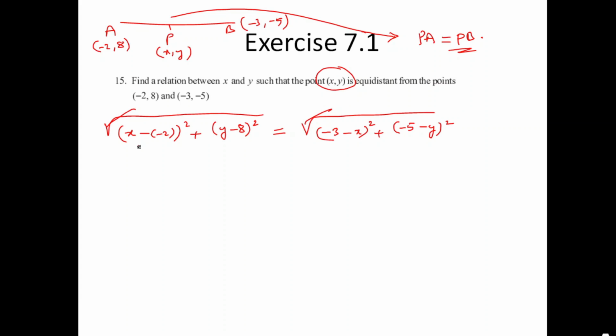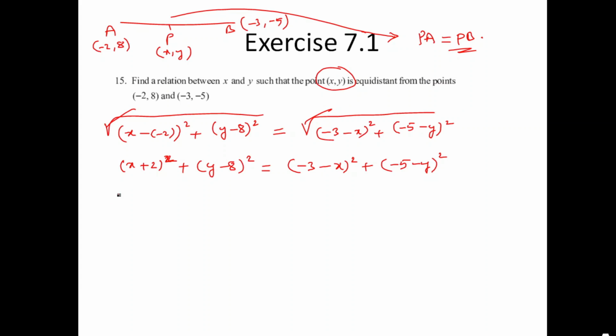So you need to solve this one: x plus 2 to the whole square, that is your a plus b to the whole square, and y minus 8 to the whole square, here minus 3 minus x to the whole square plus minus 5 minus y to the whole square. So you are having this type of equation, and you should be expanding this equation.